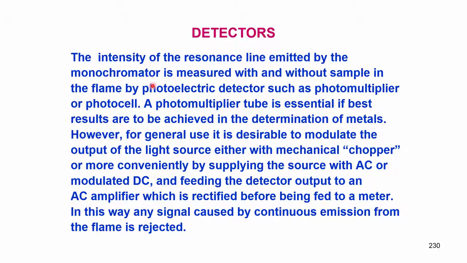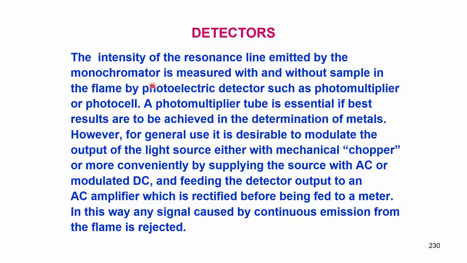We have discussed photomultiplier cells, photocells, and in my other course, on molecular spectrophotometry, I discussed photocell, barrier layer cell, and many LED cells, etc. But nowadays what we are looking at is mostly photomultiplier cells or a photocell.